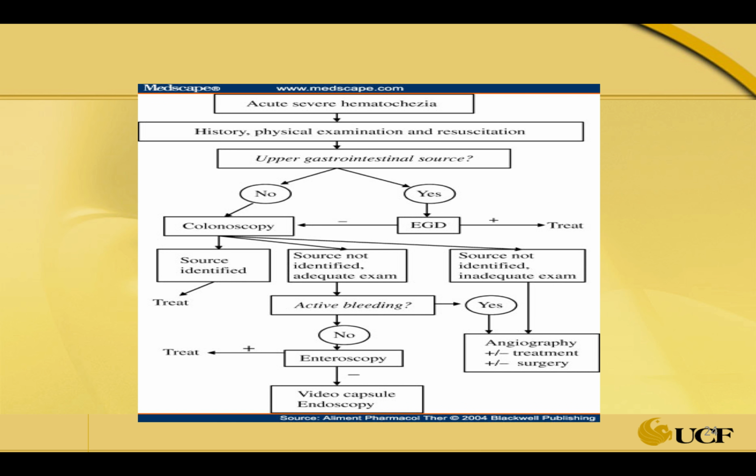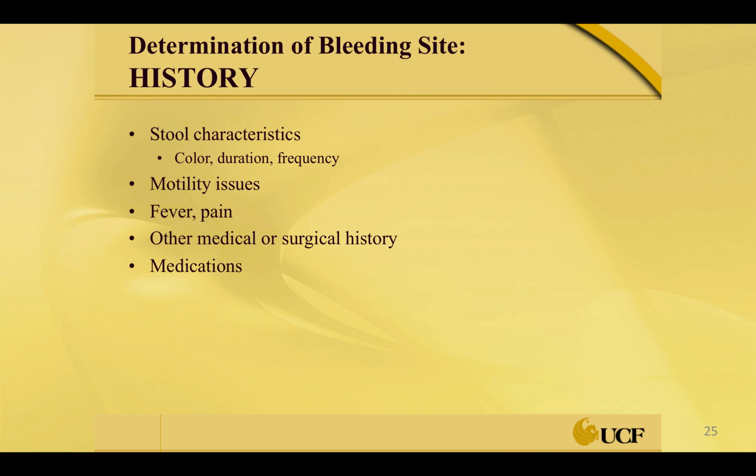If the upper gastrointestinal source is ruled in, then we do EGD and we treat. Also, enteroscopy and video capsule endoscopy are available choices for identifying sources of bleeding.